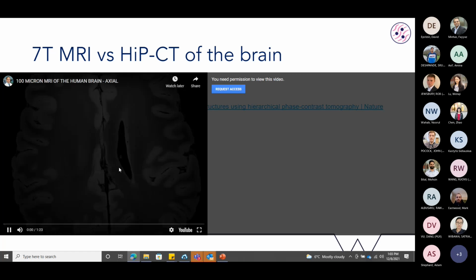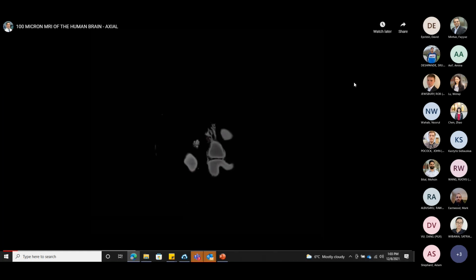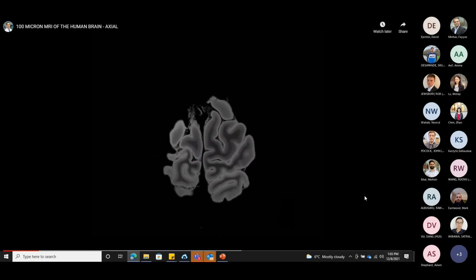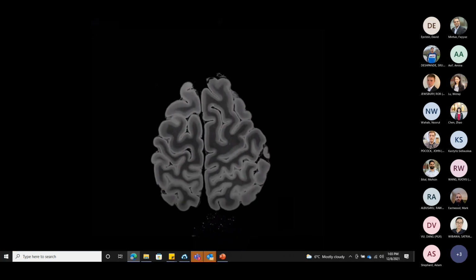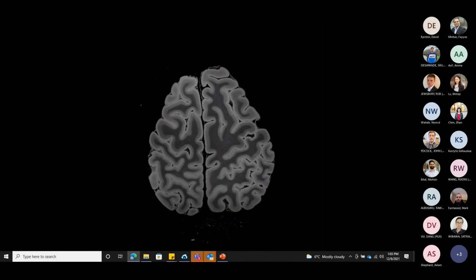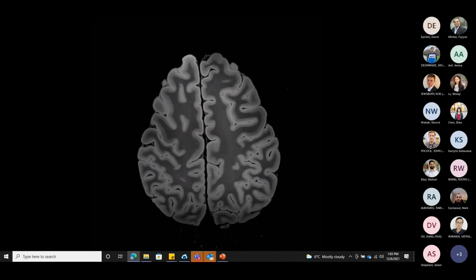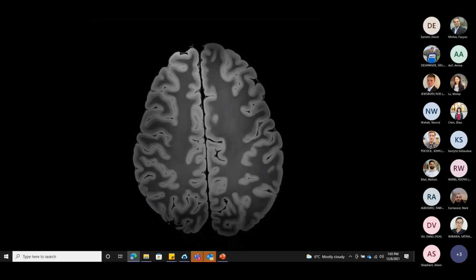So if this is a 7T MRI scan, I'll just quickly increase some speed. I need to give you permission for the... It doesn't show cells, right?